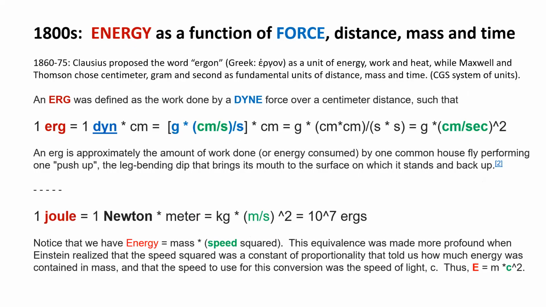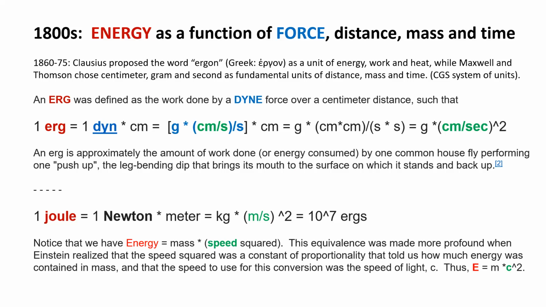So in the 1800s, the work began to focus more on concepts around energy and what was energy. Rudolf Clausius proposed ergon, which came from Heraclitus, a Greek word, as a unit of energy, work, and heat. Maxwell and Thomson, famous physicists, also pushed for centimeter, gram, and second as fundamental units of distance, mass, and time.